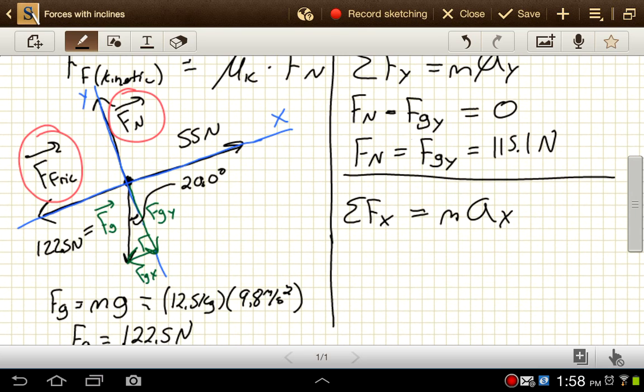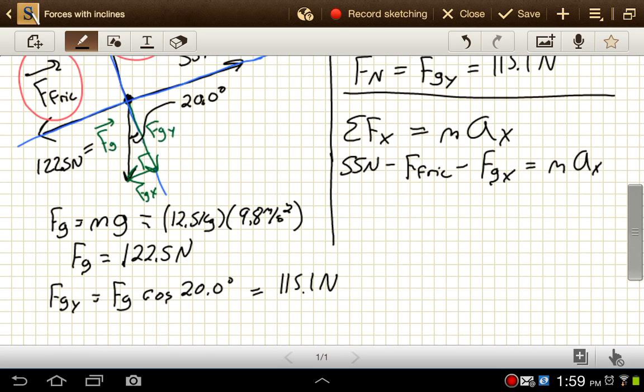Now in the x direction, I've got three forces. I have this 55 newtons forward, I've got the frictional force backward, and I've got the x part of gravity acting backward. So that's 55 newtons minus the force of friction minus the x part of gravity. And that's equal to mass times acceleration in the x.